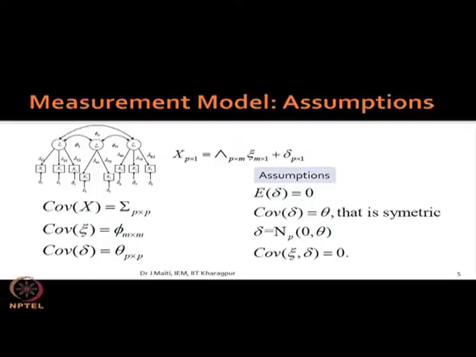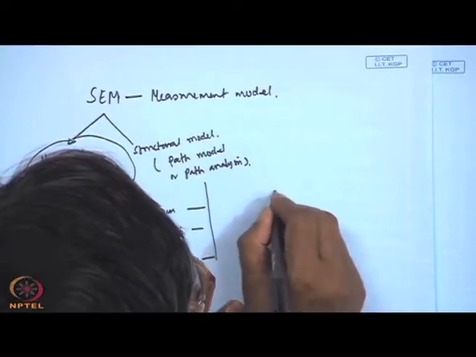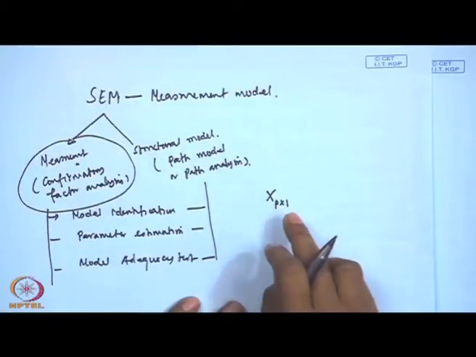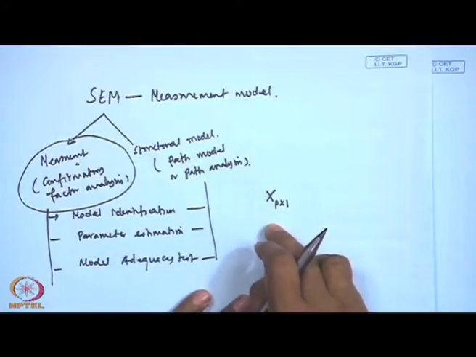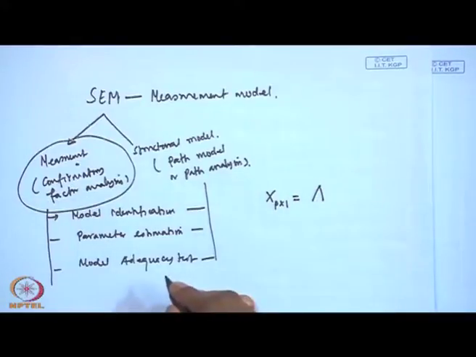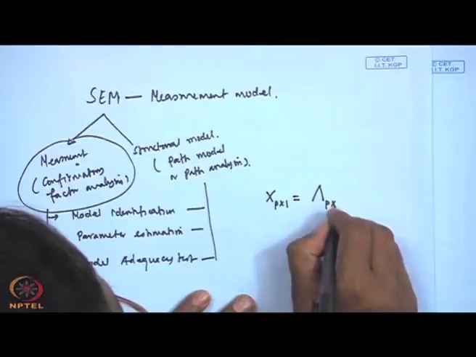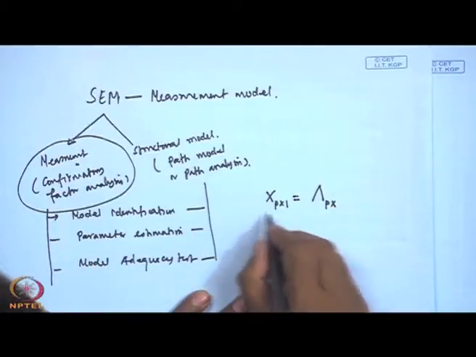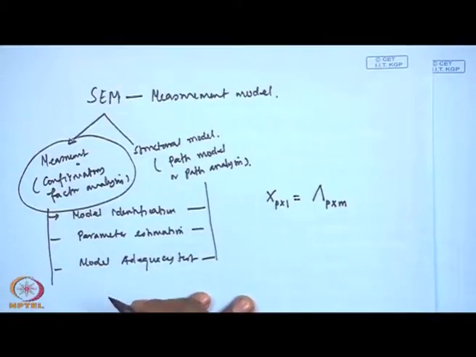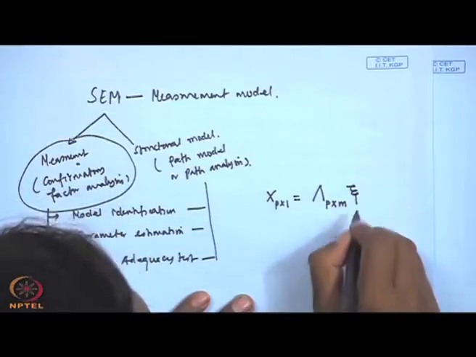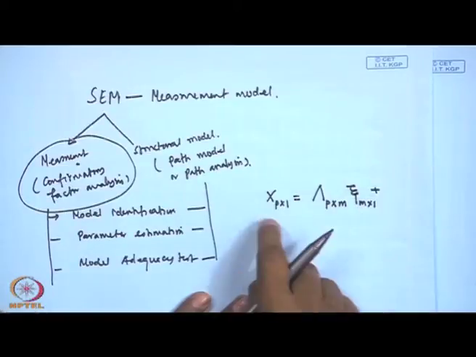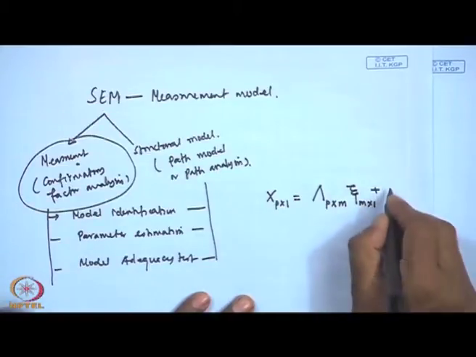What I mean to say is that the general equation will be x, p cross 1, where we are saying there are p manifest variables, and which can be represented in this manner: lambda, which is a matrix relating the p manifest variables to m factors, and these m factors are denoted by xi, m cross 1, and definitely for every manifest variable there will be an error.